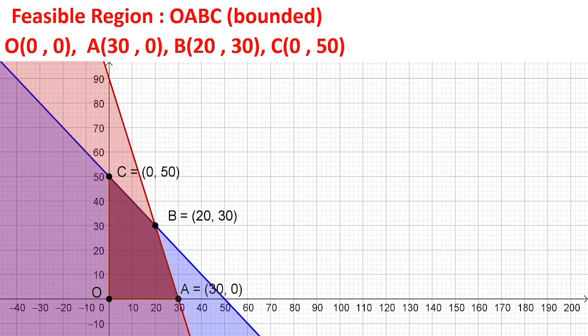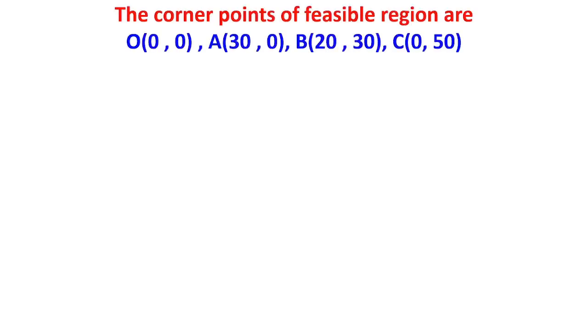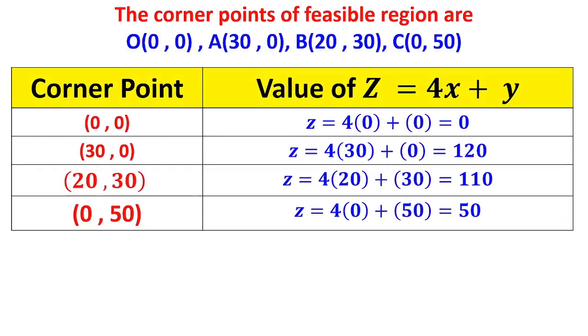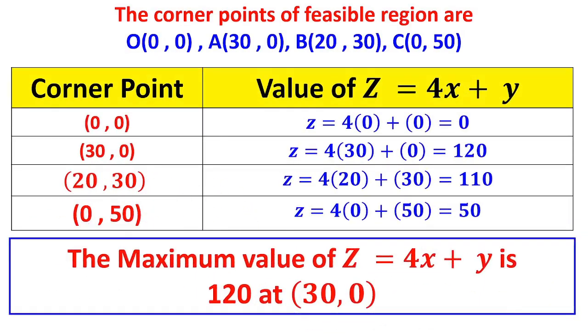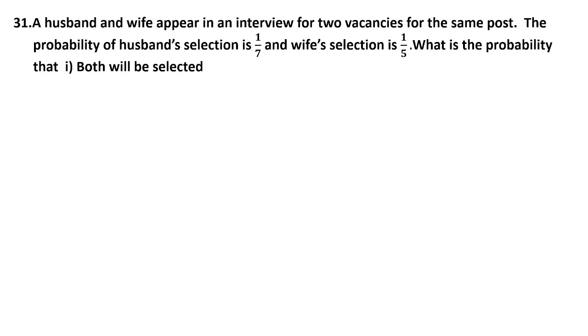And the corner points are 0, 0, 30, 0, 20, 30 and 0, 50. Here when you take the x-axis, y-axis as multiples of 10, you will get the point of intersection directly from the graph itself. I am putting all the corner points values over Z, and I am getting the maximum value of Z as 120 at 30, 0.